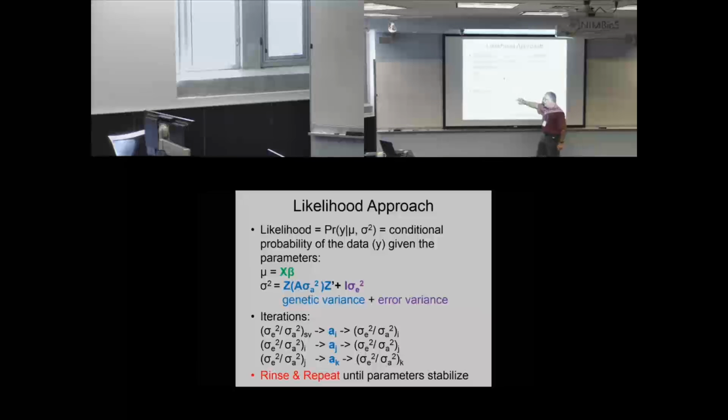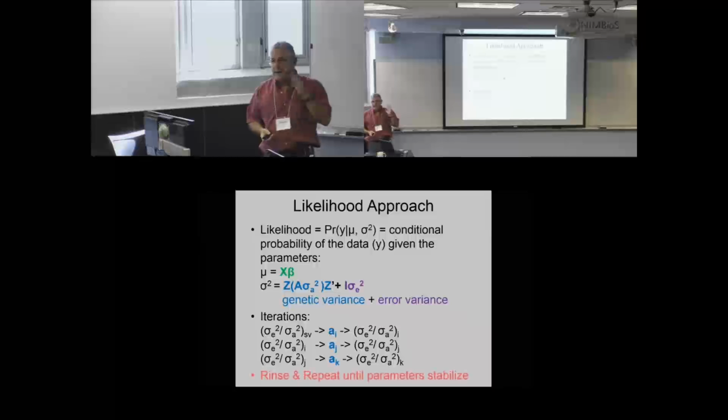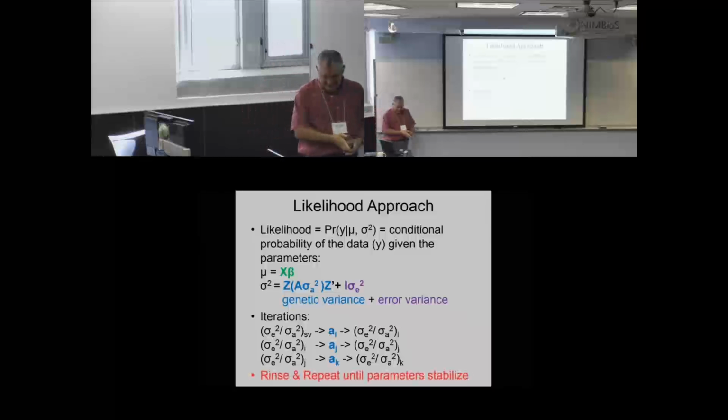Then you take that, and those become your starting values for the next iteration, and so on and so forth. You just rinse and repeat until the likelihood is maximized and the parameters stabilize.